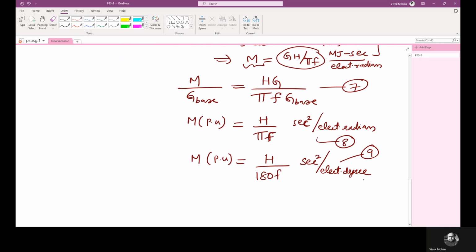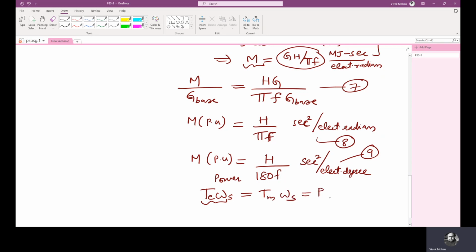Now, we know that at steady state, torque into omega. What is torque into omega? Force into velocity in linear motion, torque into omega in rotational motion. This is power, right? So if you take electrical torque into synchronous speed, this is electrical power, which is equal to mechanical power in steady state, right?